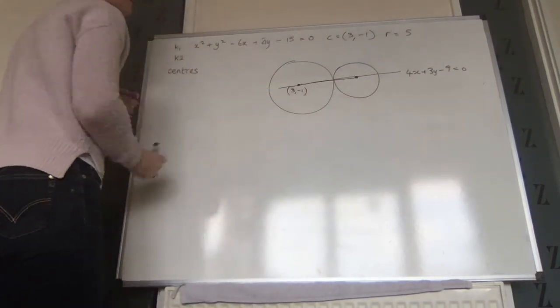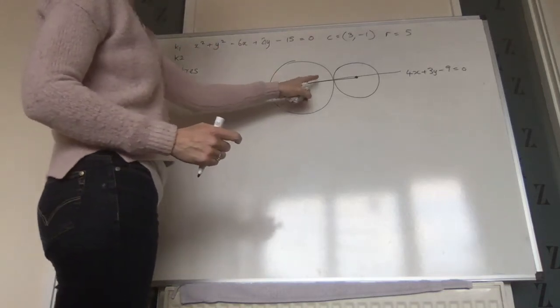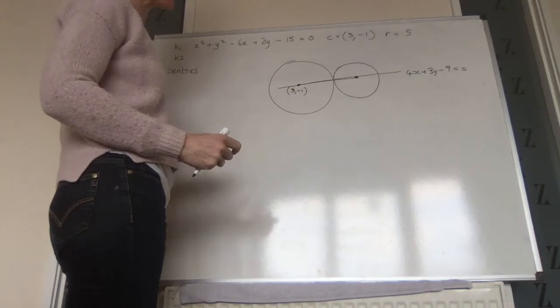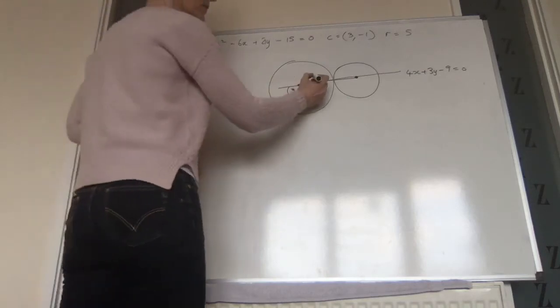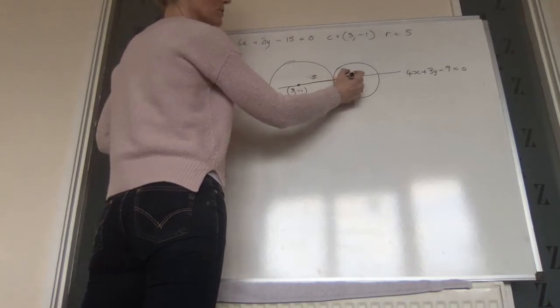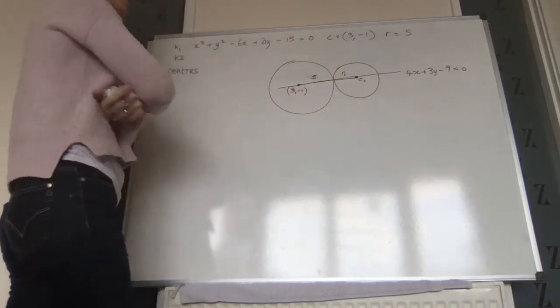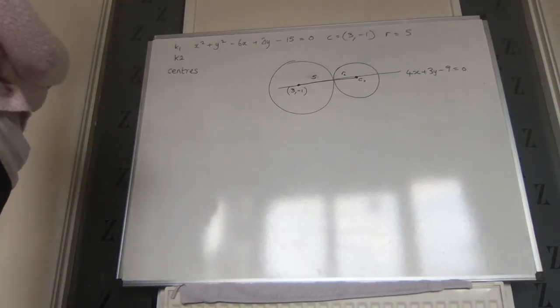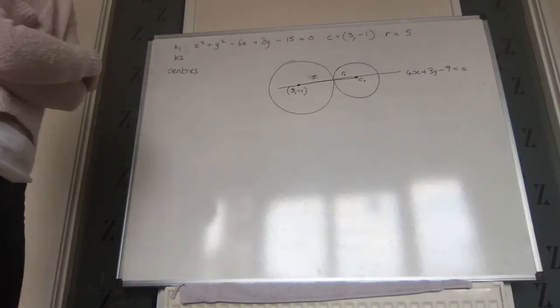Now we do also know that if two circles touch externally, the distance between their centers is equal to the sum of their radii. That's obviously 5, and that'll be R2 and C2. And we also know that they lie on the line 4x plus 3y minus 9 is equal to 0.